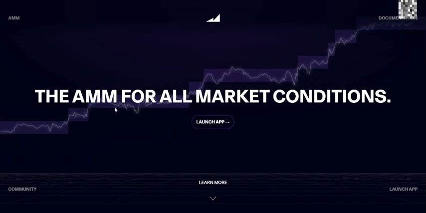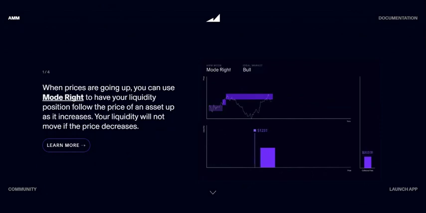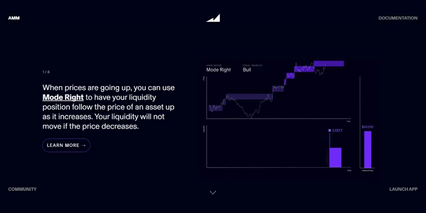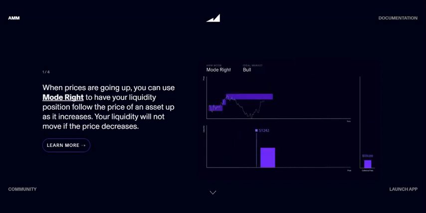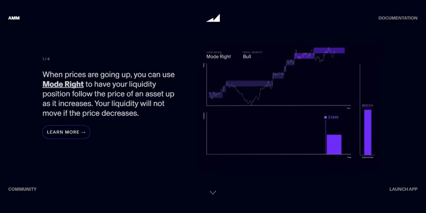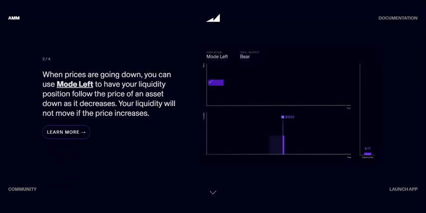So let's go back here and see. Here they have nicely explained there is a mode right. If you select mode right, then your liquidity position will move up as the price increases, but your liquidity will not move if the price decreases. Then there is another mode, left.